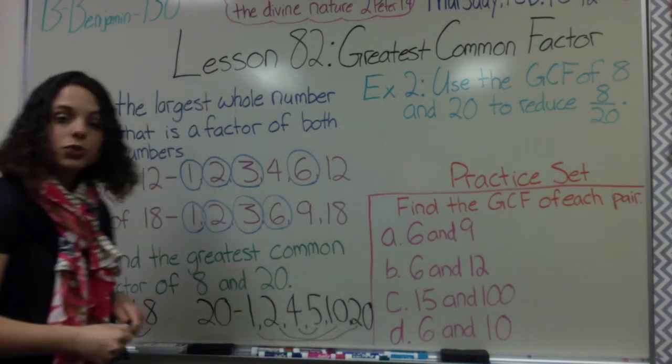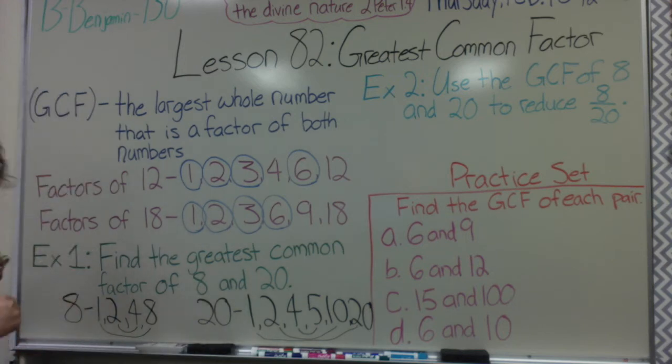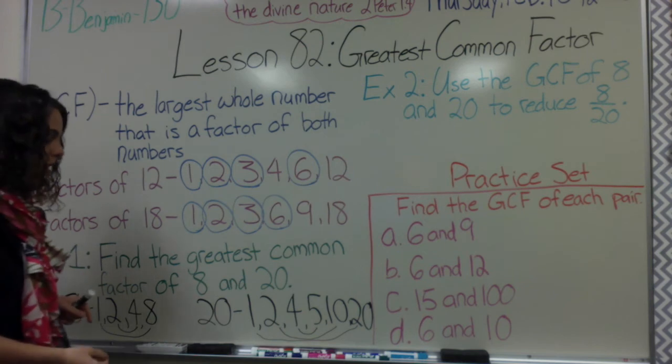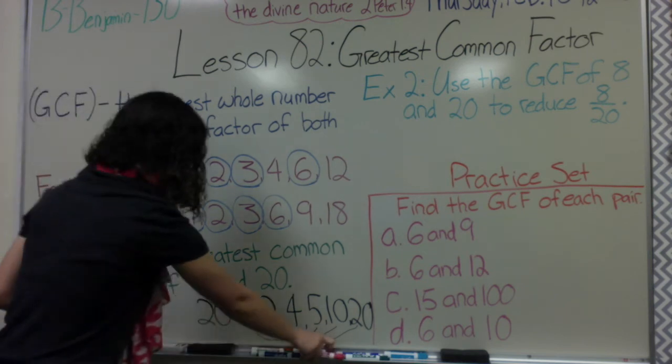Now example 2 goes off of example 1. It says use the GCF, the greatest common factor, of 8 and 20 to reduce 8 twentieths. Back to example 1, I did not circle the greatest common factor, I just listed my factors.